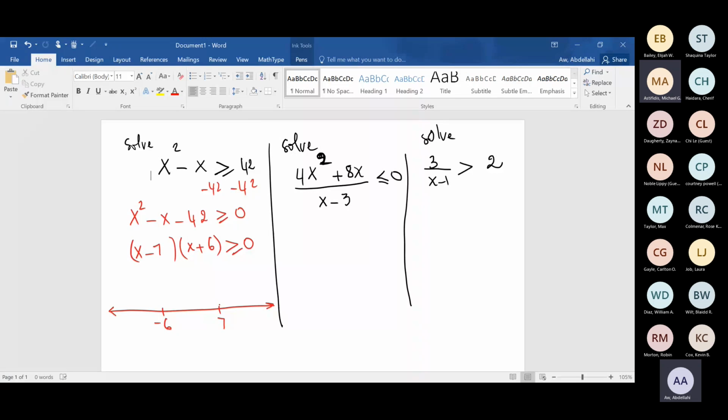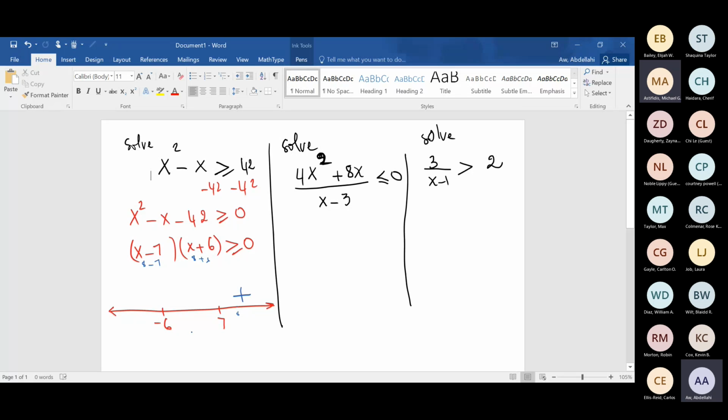The sign chart, okay? For instance, if I plug in 8 here, it's going to be 8 minus 7, 8 plus 6, so it's going to be positive right here, right?